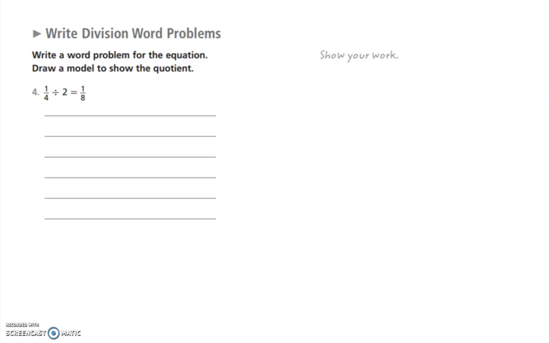So number 4, it says write a word problem for the equation, draw a model. Again, modeling only if you need to, although this one's not too bad to show you a model.